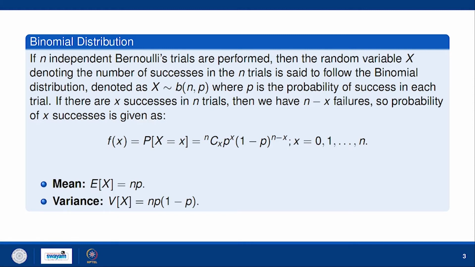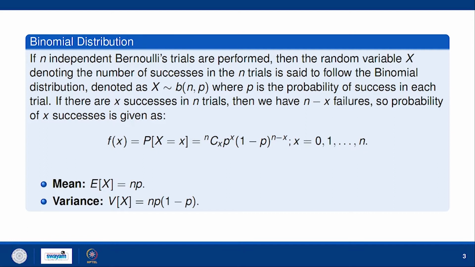If there are x successes in n trials, then we have n minus x failures, of course, because if out of n trials we have x successes, the remaining trials are failures.